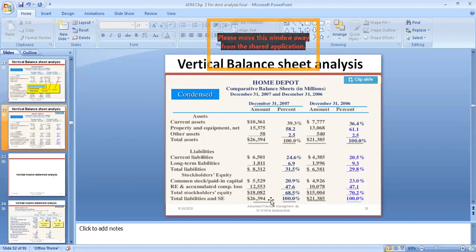We are comparing each component with a total component. You see, current liabilities components with the total liabilities. Like this, we can have a vertical analysis for analyzing the balance sheet and income statements.